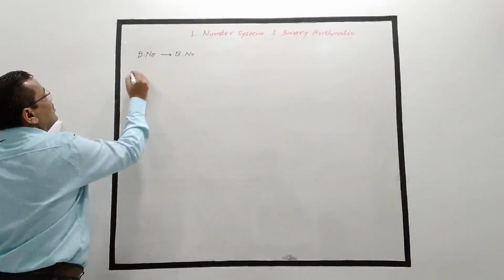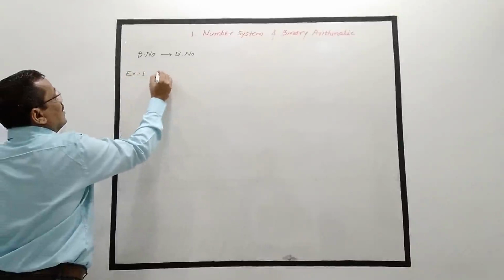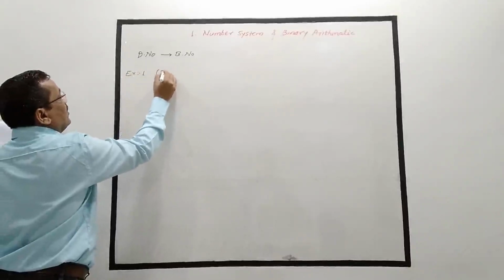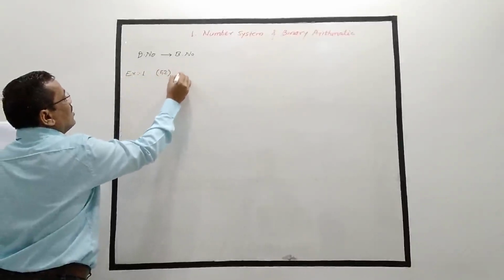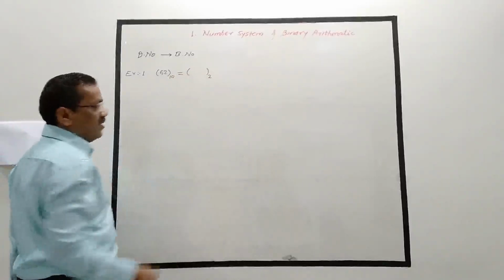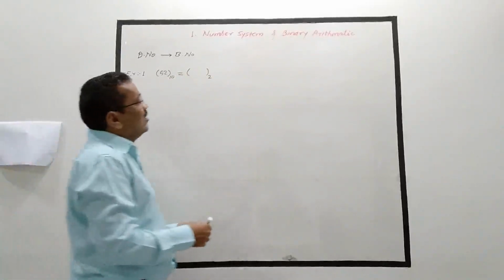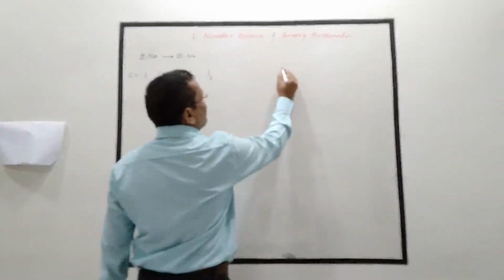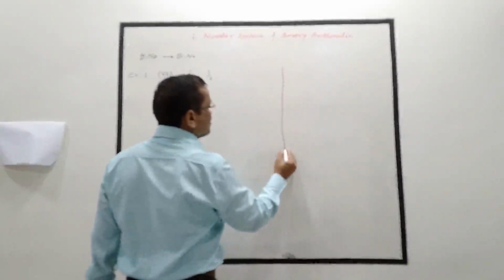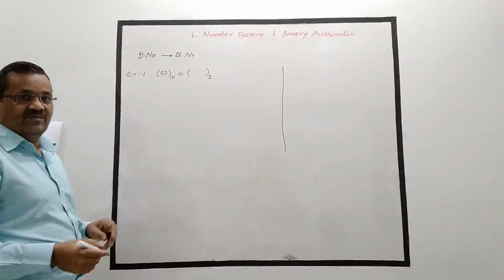Example 1: 52 in decimal is to be converted into its binary equivalent. Simultaneously, we write here the procedure or steps to follow for the conversion.